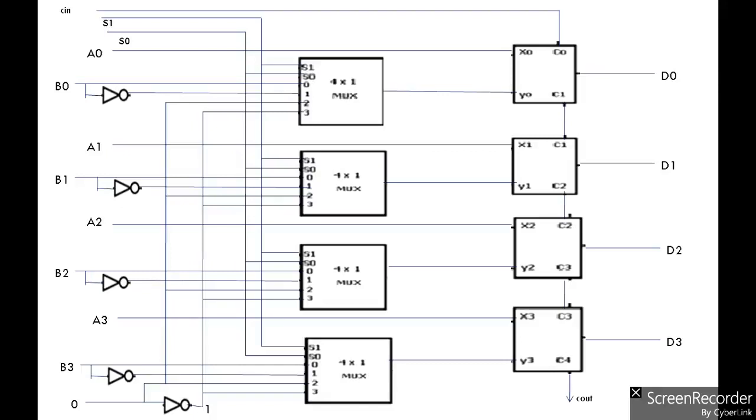Now let's take one example. Say the value of S1 is equal to 0 and S0 is equal to 1, and at the same time carry Cin is equal to 1.